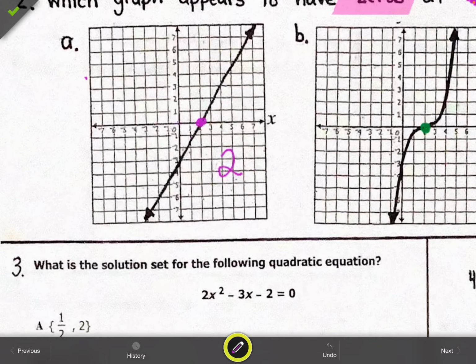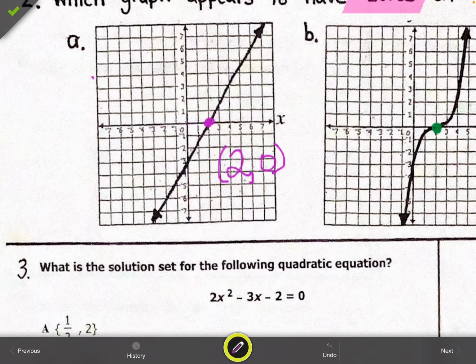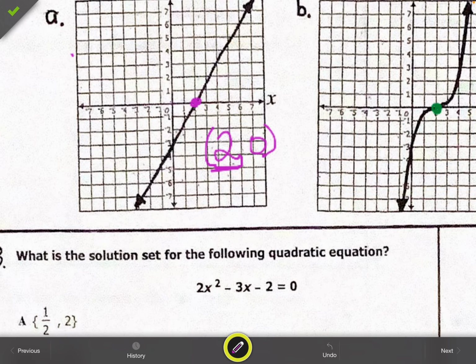And remember, if you write it as an ordered pair, it's 2 and then your y is always 0, which again is why they call them zeros, because your y value is always 0. So we do have the 2 right here, but they want -2 and 2. So this is not going to work because this only has one x-intercept.